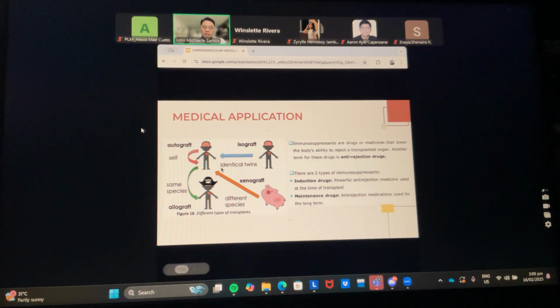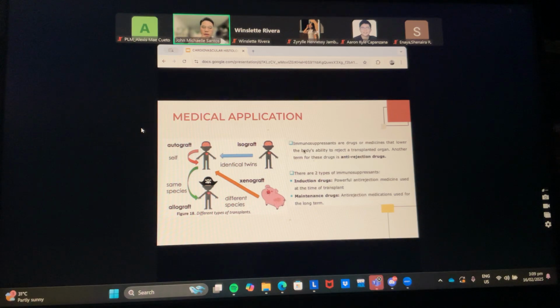And then kapag same species, kapag different tao, that is your allograft. And then kapag galing sa baboy, di ba meron ng ngayon? Successful na heart transplant na galing sa pig. Pero namatay din siya kalaunan. Nag-survive lang yata siya for 2 months or 2 years. So, that's what you call your xenograft.